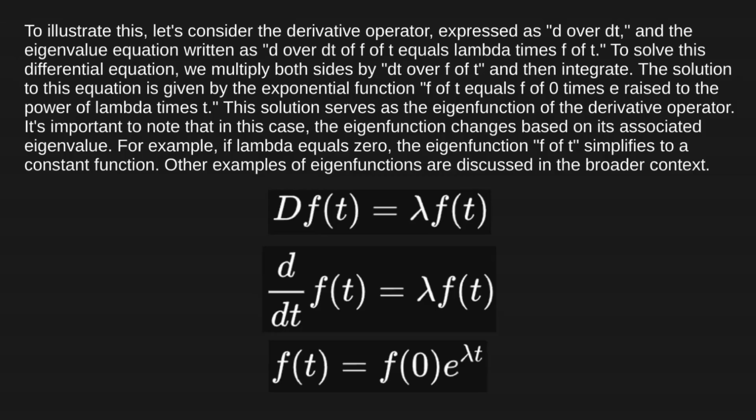The solution to this equation is given by the exponential function f of t equals f of 0 times e raised to the power of lambda times t. This solution serves as the eigenfunction of the derivative operator. It's important to note that in this case, the eigenfunction changes based on its associated eigenvalue. For example, if lambda equals 0, the eigenfunction f of t simplifies to a constant function. Other examples of eigenfunctions are discussed in the broader context.